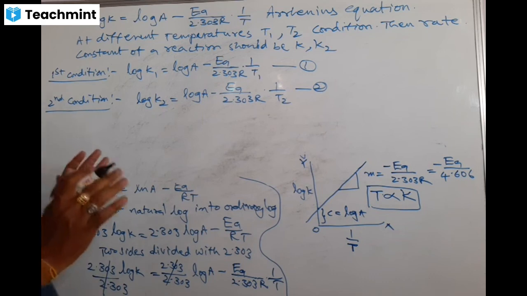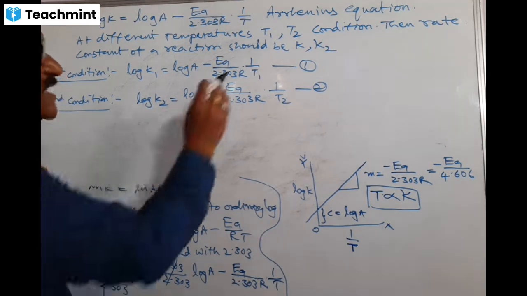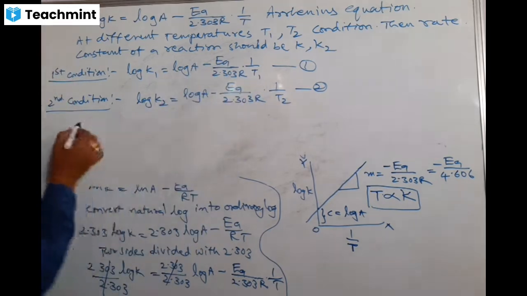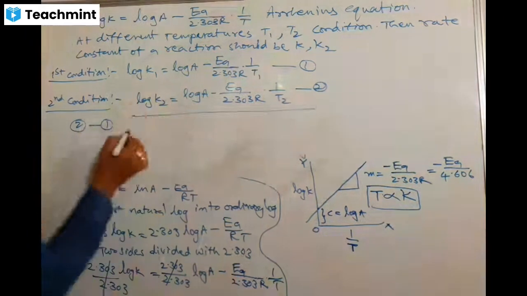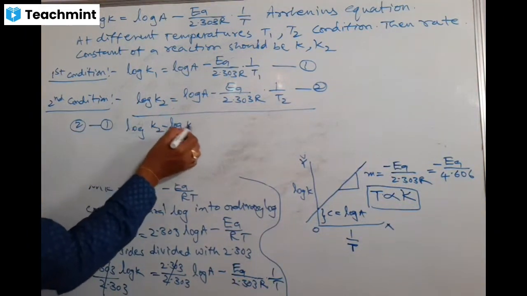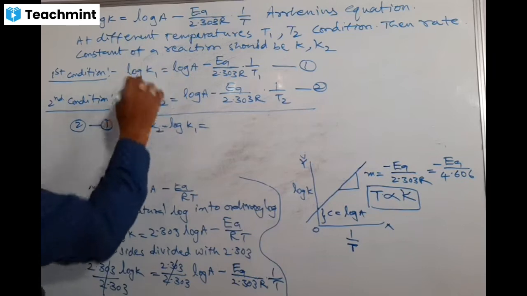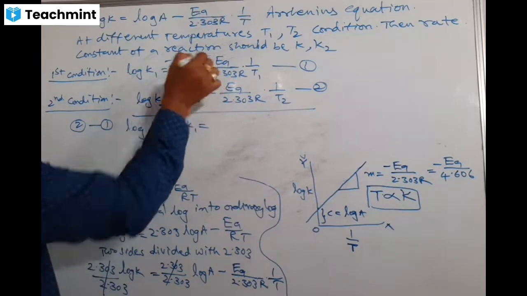So when we calculate the EA, just subtract equation 1 from equation 2. That means 2 minus 1. Here we get log K2 minus log K1. Here log A minus log A cancels. Minus into minus is plus.